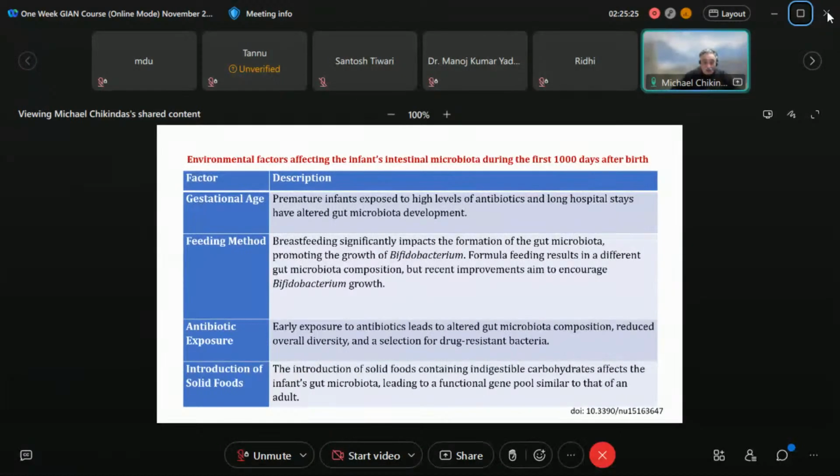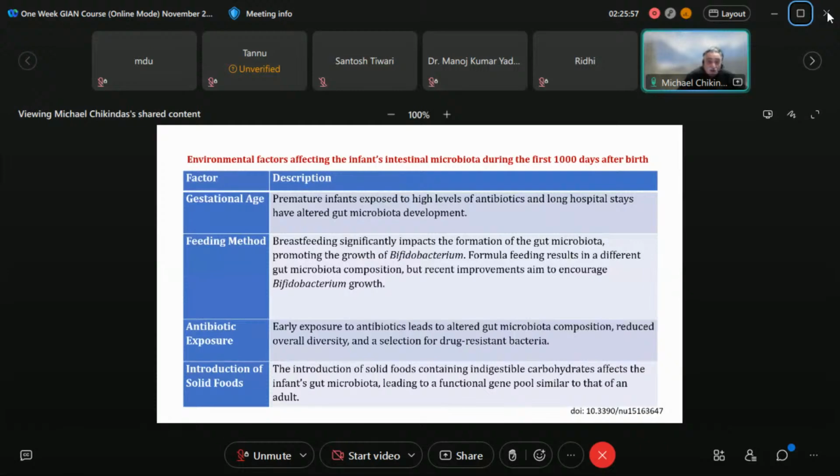And of course, the introduction of solid foods. The introduction of foods that may contain indigestible carbohydrates will definitely affect the development of microbiota, and that will result in the occurrence of functional gene pools and the development of microorganisms that are similar to the adult microbiota.